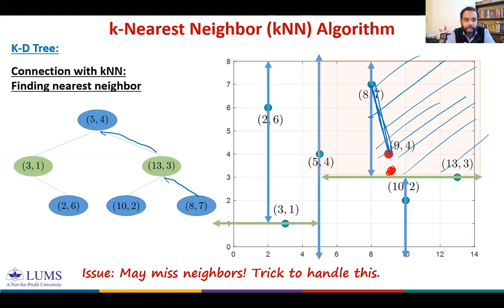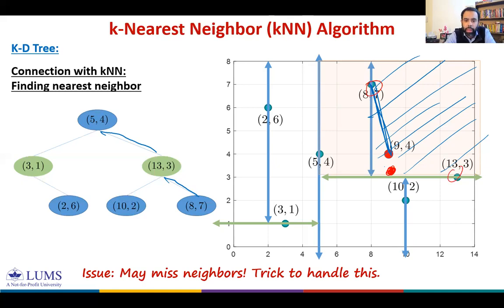But since we're looking only in this region, our algorithm would still return (8, 7). The next nearest neighbor would be (13, 3). So I will get this (8, 7) and this (13, 3).